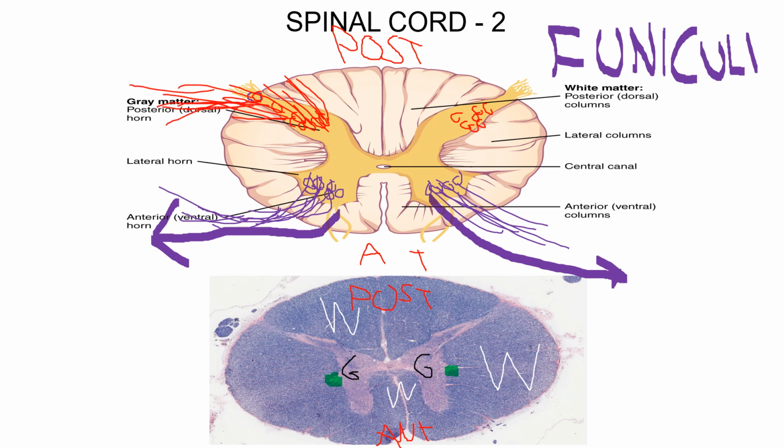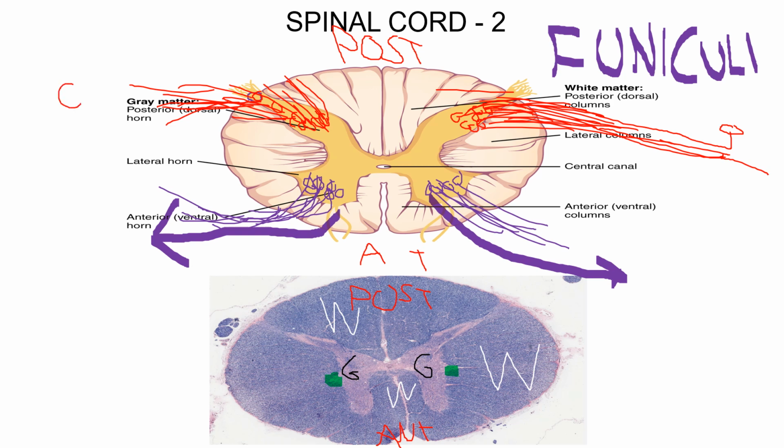Well, actually, the axons are coming in. I apologize. But these are those pseudo-unipolar neurons from our skin, for example, if something's touching us. And they're going to synapse with cell bodies in that dorsal horn.